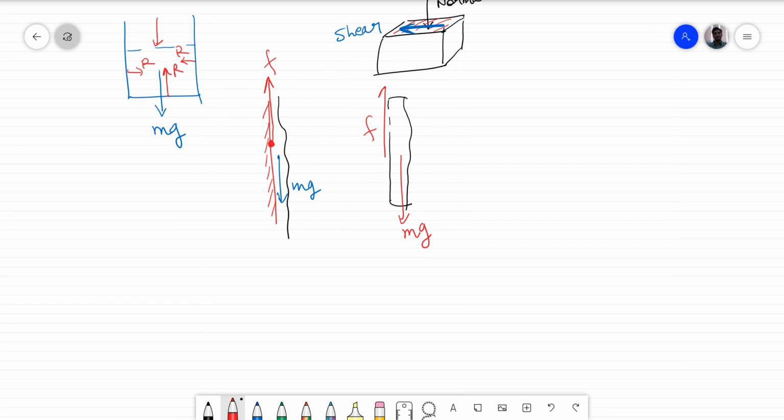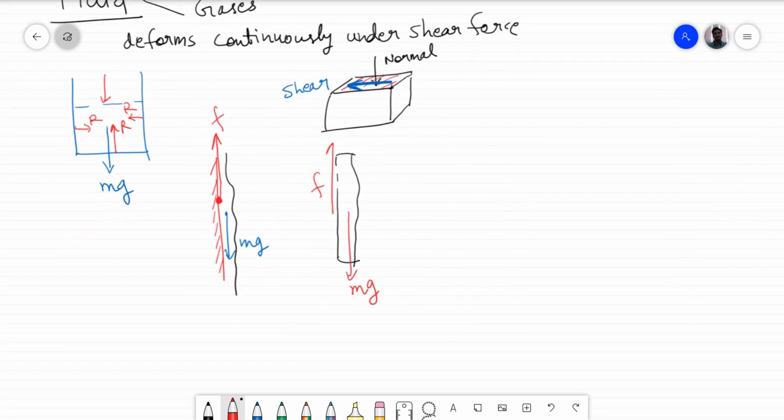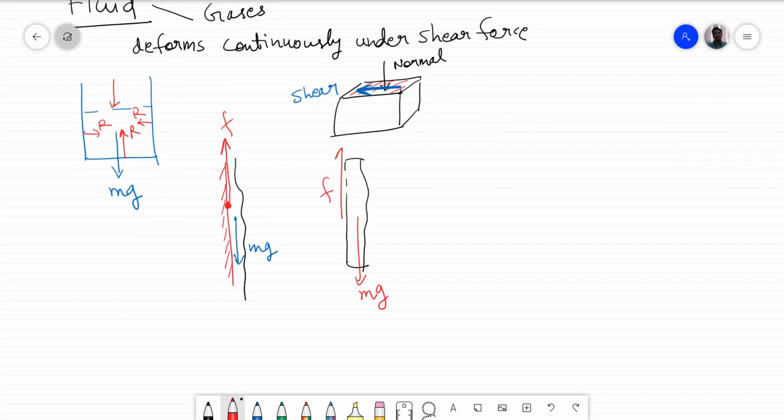In this case, you can do experiments, you will notice that the film will continue to flow down. It will continuously deform. So if you want to test whether something is a fluid or not, just apply a film, a coat on a wall and see if it moves continuously.